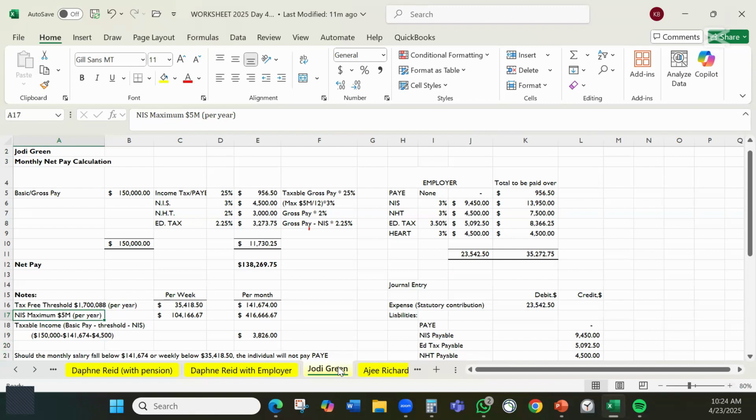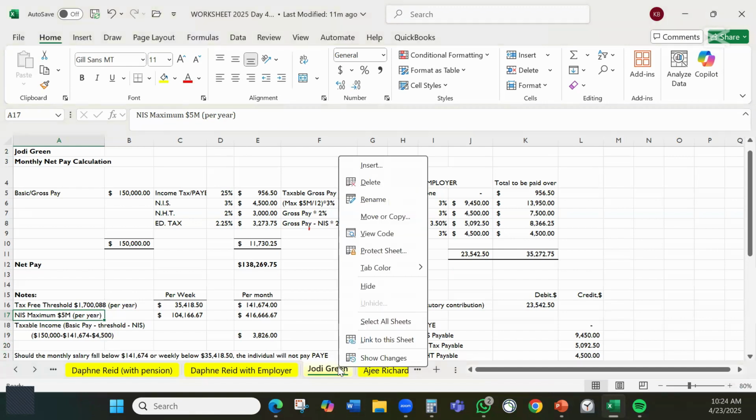Look at me, look at the screen. I'm right clicking and it's going to look like this. You're seeing? Yes, Miss, I'm following you, Miss. And then you press unhide. Mine is grayed out because I have nothing hidden.